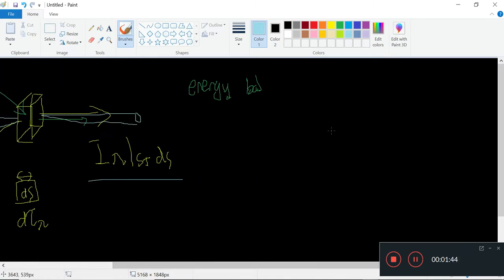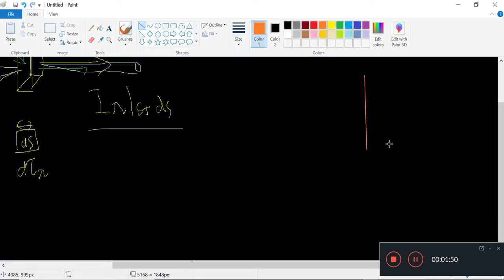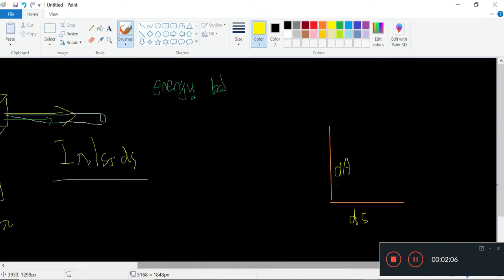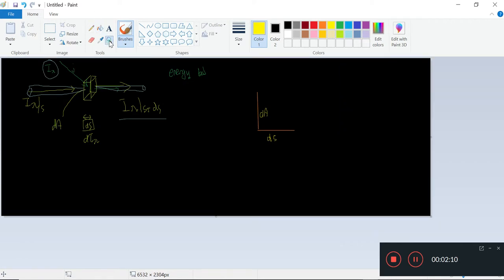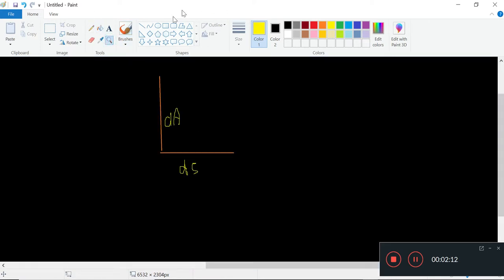Alright, so let's again draw the surface dA here, and then this is ds. And you just imagine there's a 2D surface on the right for dA.